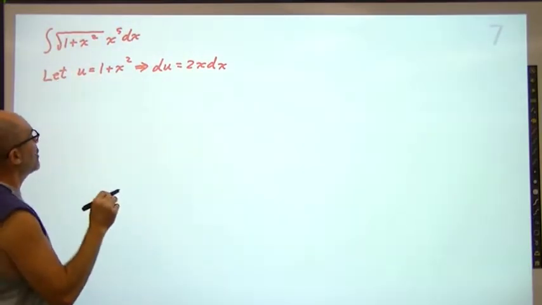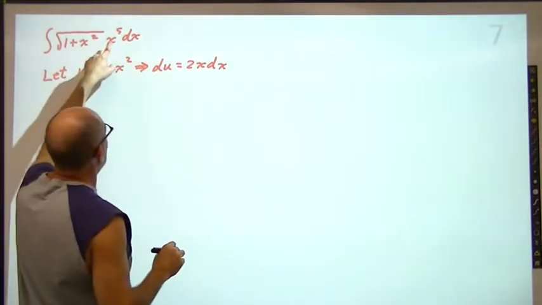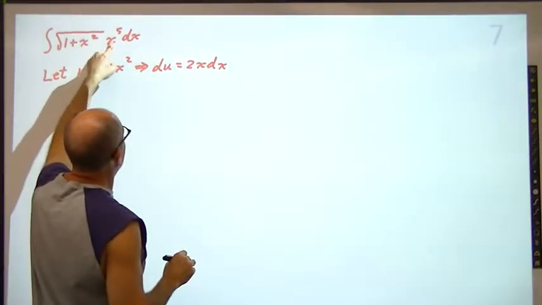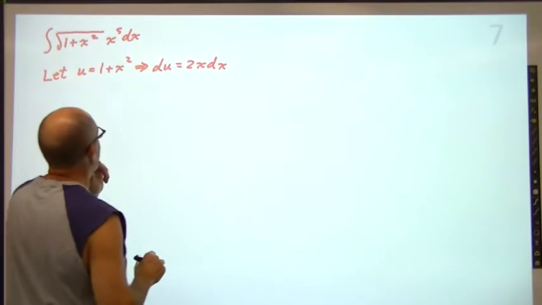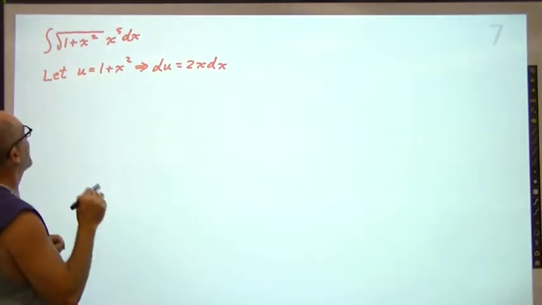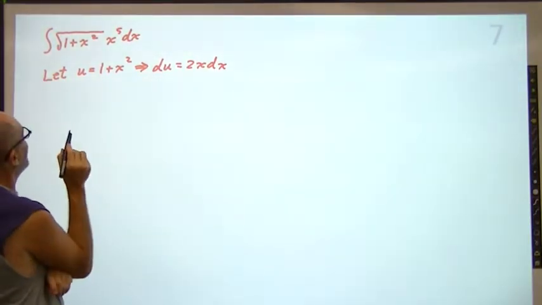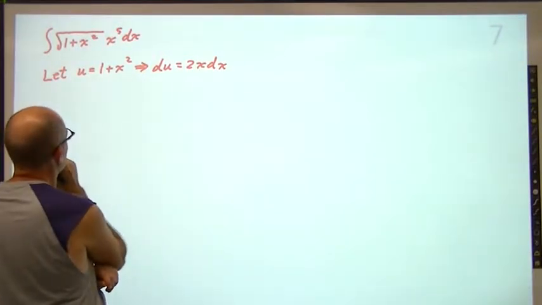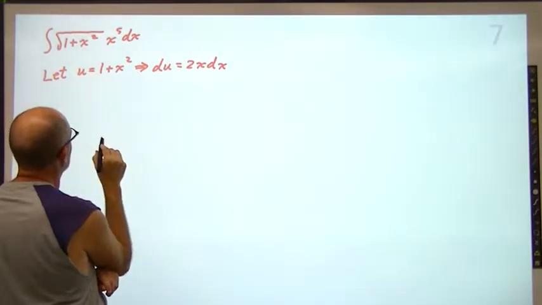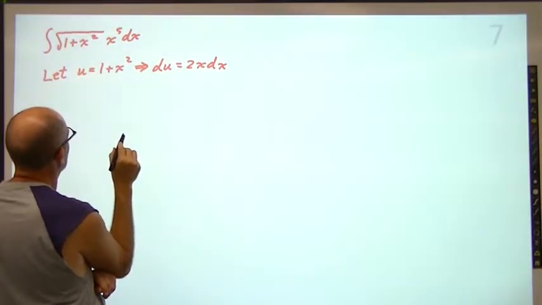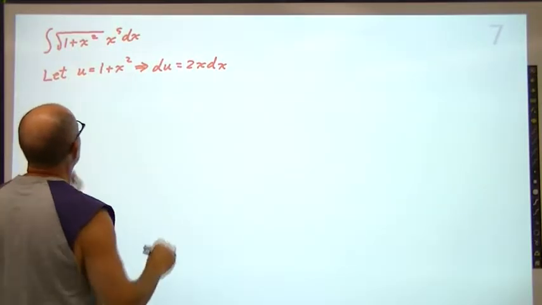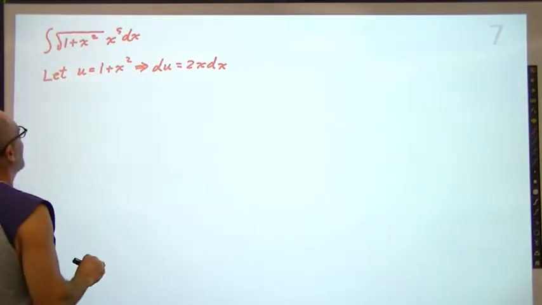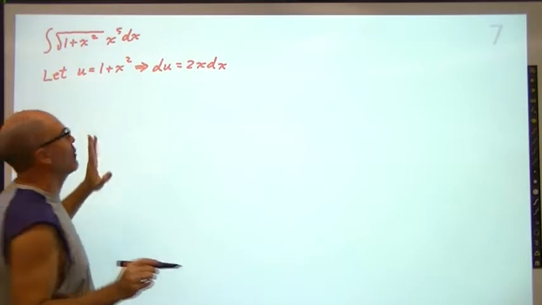Now du is 2x dx, but I don't have just an x dx, I have an x to the 5th dx. This is a little trickery here.